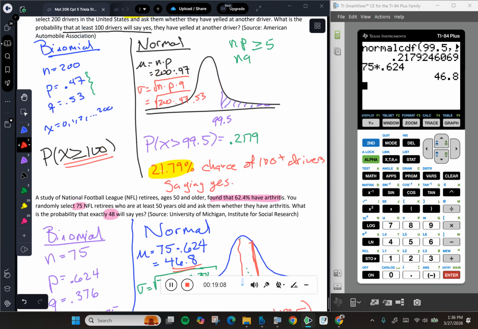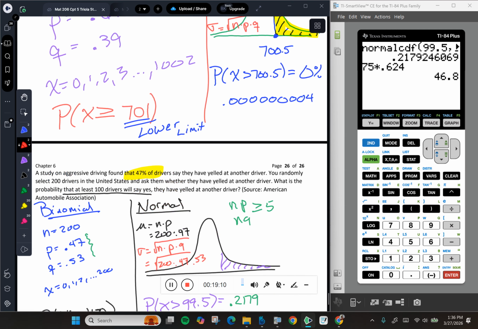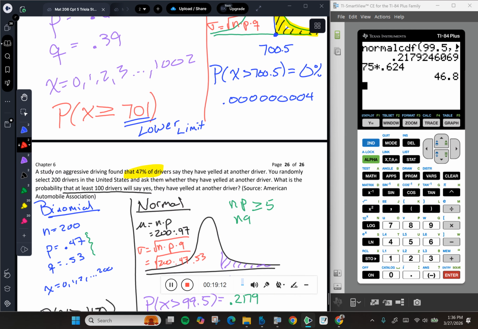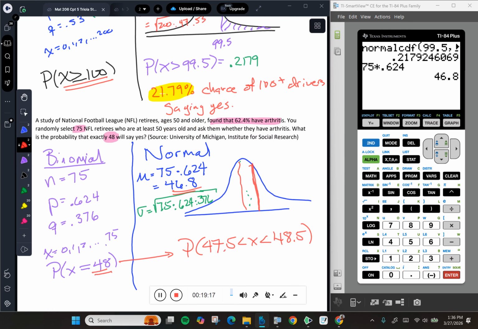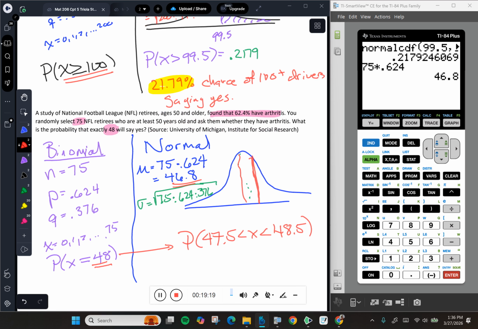So if I just have a lower limit, or if I just have an upper limit, I take it down by a half or up by a half. But if I just have a single value and I want to turn it into an interval, I have to make the bottom go down by a half and the top go up by a half. So 48 down by a half and 48 up by a half.